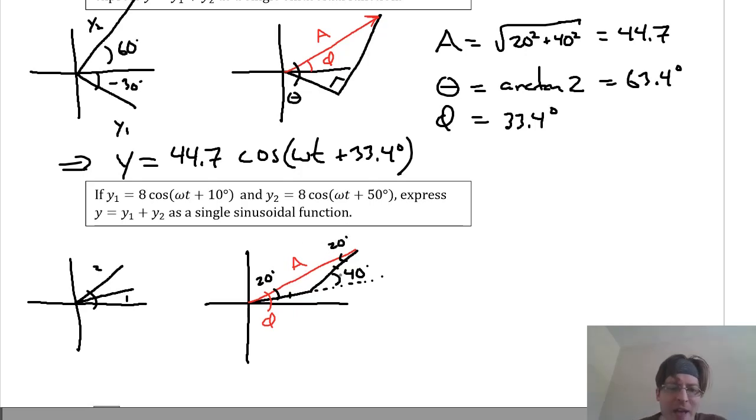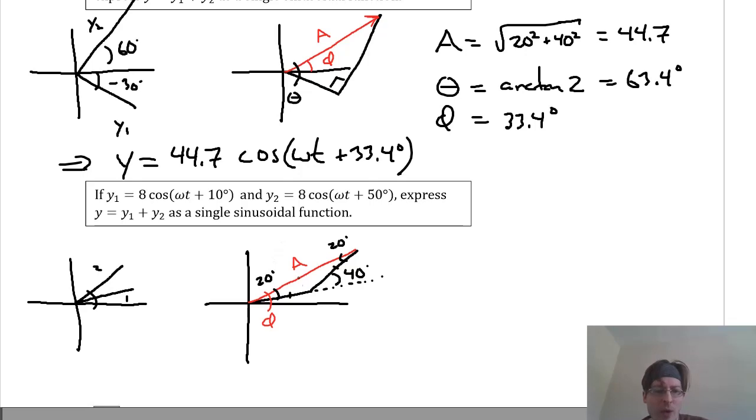This is called the exterior angle theorem, which is that the exterior angle, which is 40, is equal to the sum of the two interior angles that are opposite to it. Since they're equal, they both have to add up to 40, which means since they're equal, they both have to be 20 degrees.